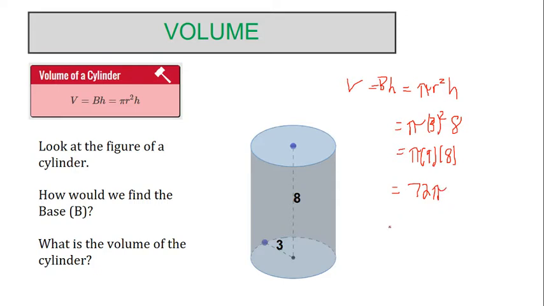And if we want our decimal equivalent, I can use the approximation that pi is about equal to 3.14. Then we multiply 72 times 3.14, and we get that the volume is about 226.08 cubic units.